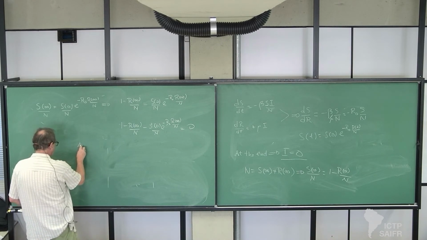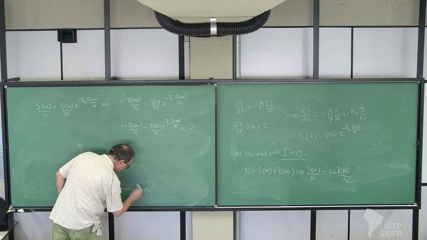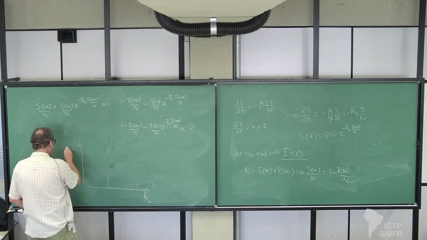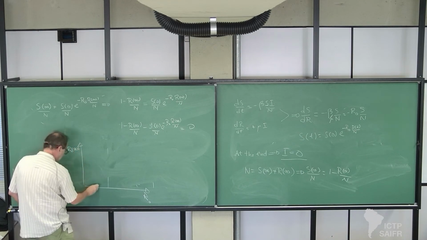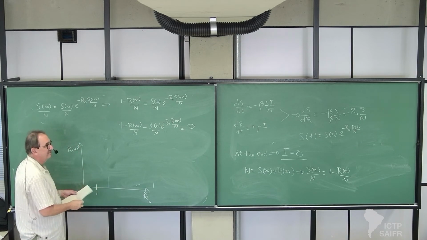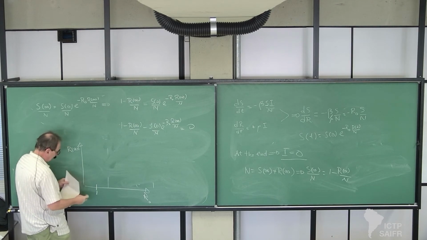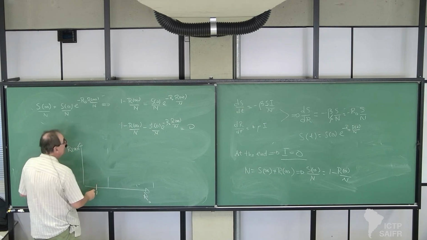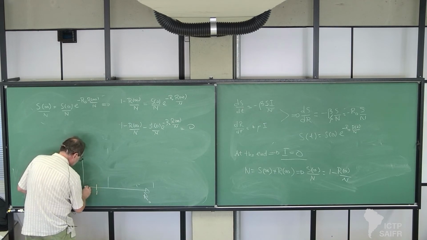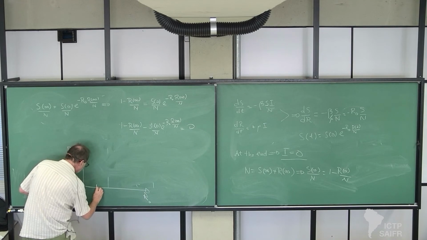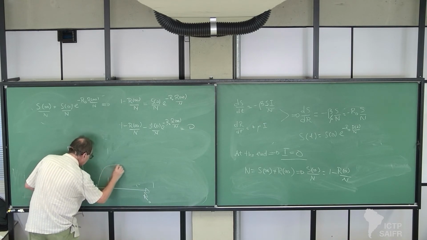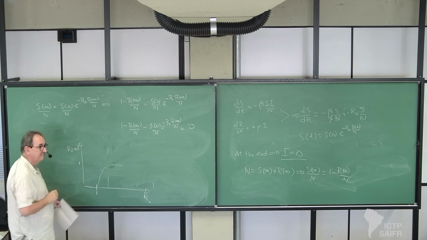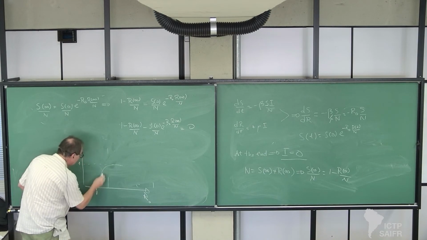So this looks like this. If I put R0 here and R infinity here at 1, this will have something like this. This is 0, and it grows like this. And this is growing quickly.